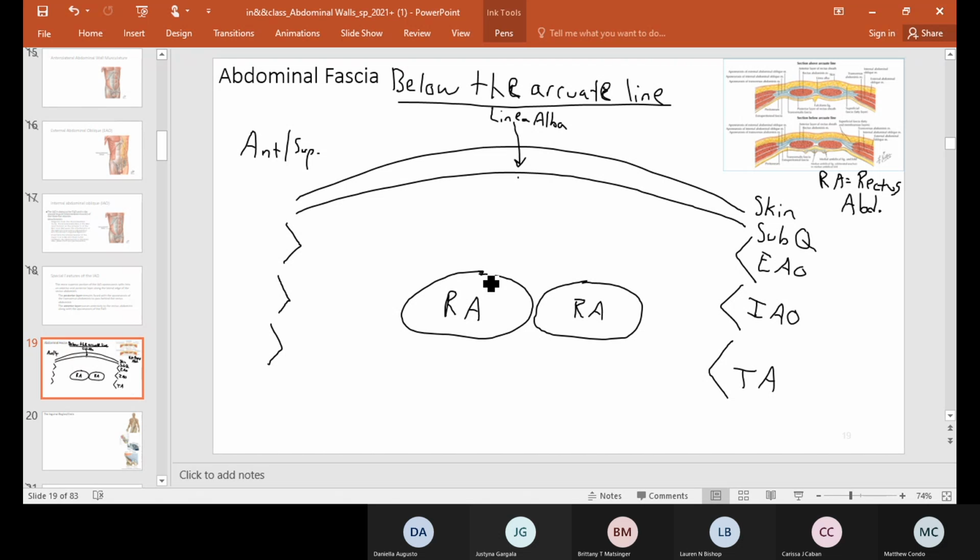So when I am inferior to the arcuate line, here's the different orientation that's going to happen. EAO and its fascia is still going to ride superficial to rectus abdominis.